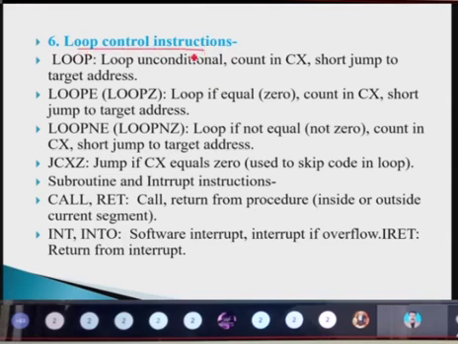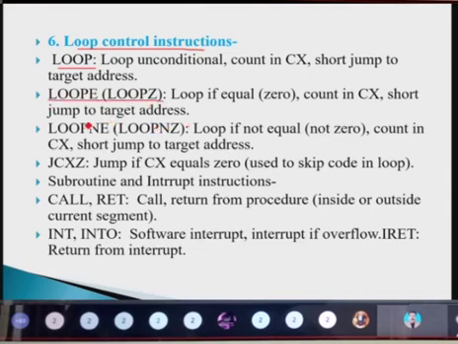So next is loop control instructions. In loop control instructions, we have LOOP, an unconditional loop with count in CX and short jump to the target address. LOOPE or LOOPZ means loop if Z equal to 0, count in CX and short jump to the target address.